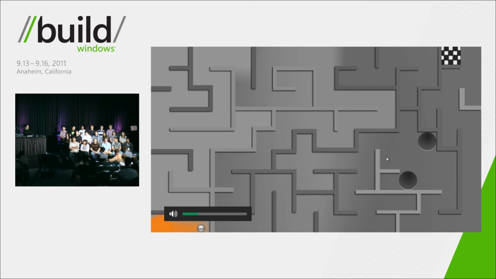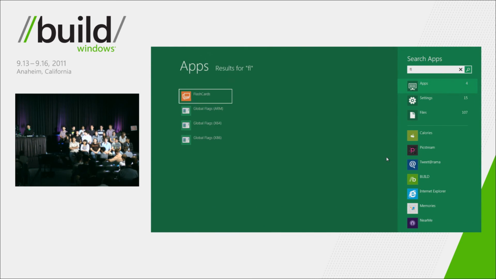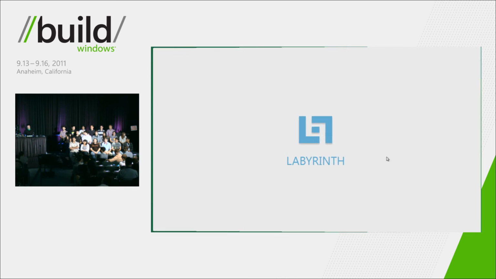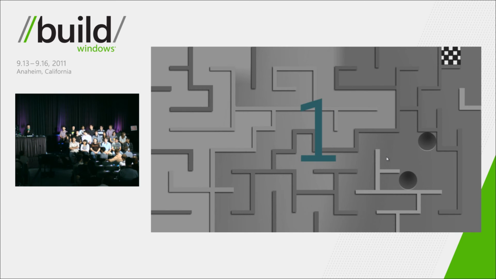That's an HTML5 canvas, and the reason we were able to pull off a game like this using HTML is because of the hardware acceleration going on behind the scenes. Windows, like IE10, provides this: you just use your HTML as a web developer, you use all your knowledge and put it in here, and you get all this acceleration for free.